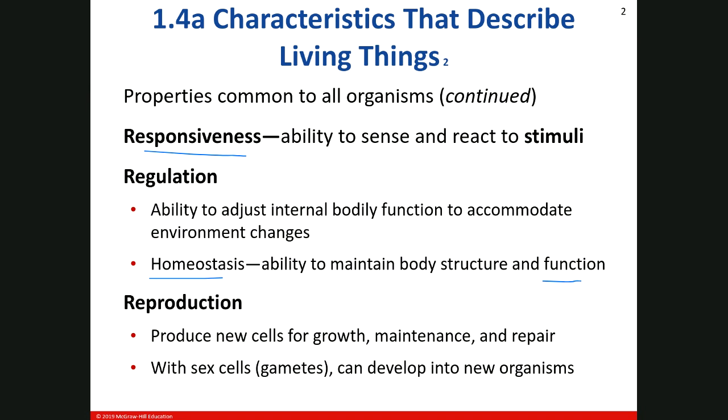We have to regulate that, because if our blood pressure gets too high, what can happen? Stroke out. Yeah, you're darn right. You stroke out. If your blood pressure becomes too low, what can happen? You pass out. Yeah. So we have to be able to regulate the internal bodily functions for any type of environmental change, both inside our bodies and outside our bodies.